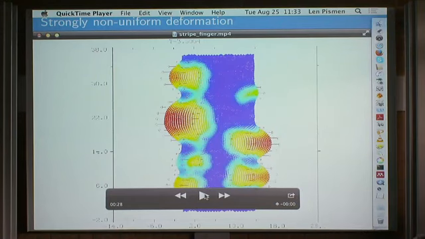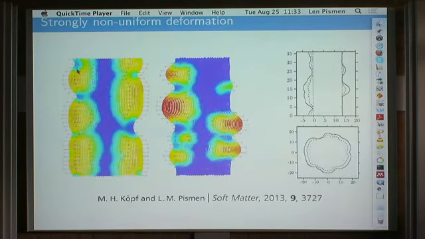And in all the experimental pictures that I showed before, you also see this instability, transverse instability.